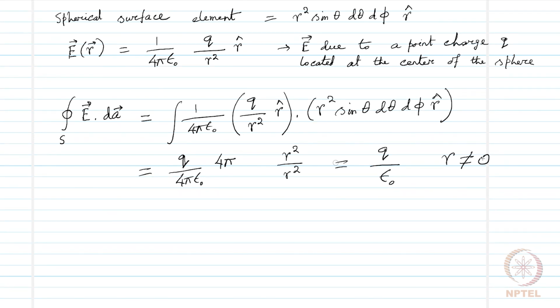Otherwise, we have this expression for the total flux, and that means if we have a charge enclosed by that surface, then we have a finite flux, and that flux is the total charge over epsilon naught. And if we do not have any charge inside that closed surface, we will certainly not have any total flux through the surface.